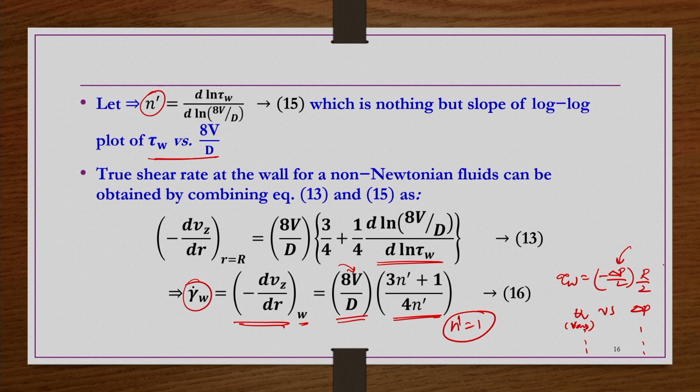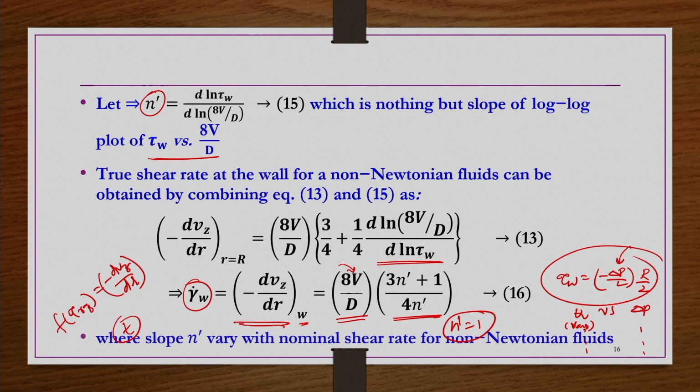Then corresponding tau w and gamma dot w you can get from these equations, and when you plot them, if you get a straight line passing through the origin, then you can say that the material is a Newtonian fluid; otherwise it is not a Newtonian fluid. That is what you can understand. Here n prime varies with the nominal shear rate for non-Newtonian fluids.